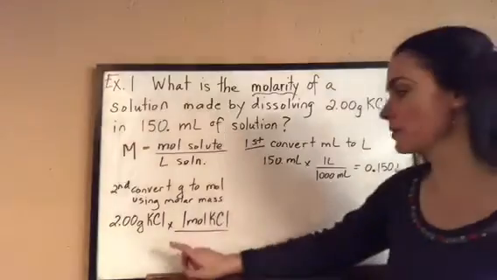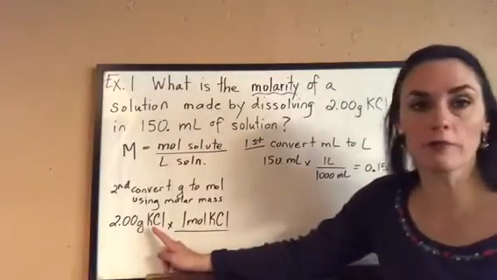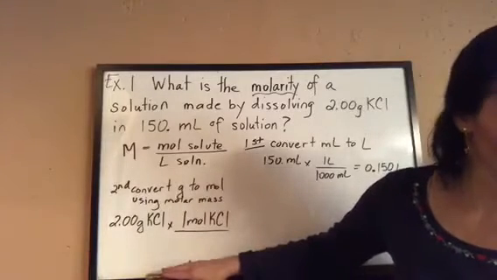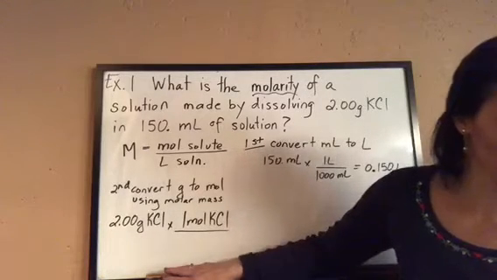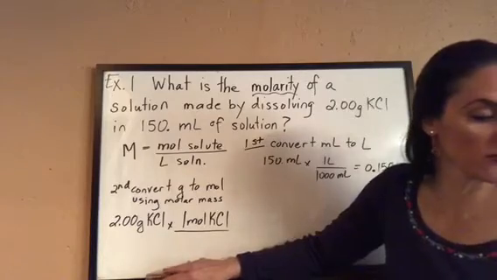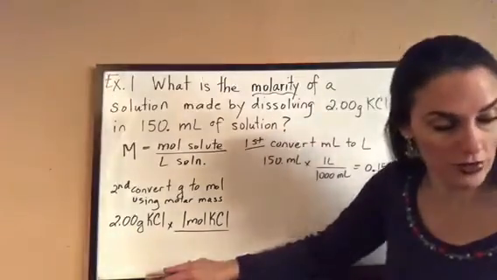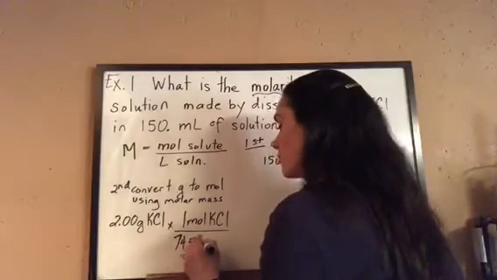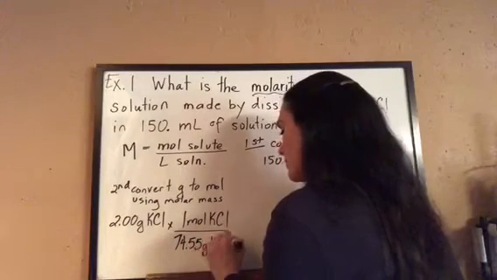So we have the molar mass of potassium chloride, 1 potassium, 1 chloride. Okay, so we add those atomic masses together, 39.10 plus 35.45, look directly at the periodic table. Molar mass of this substance is 74.55 grams.